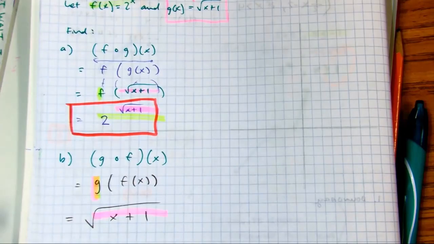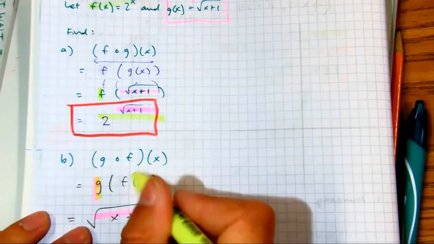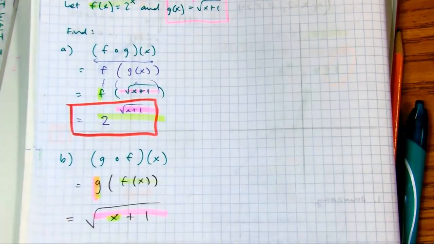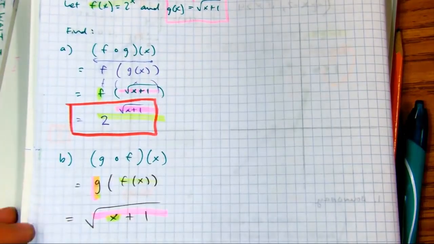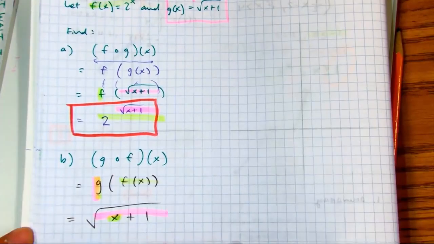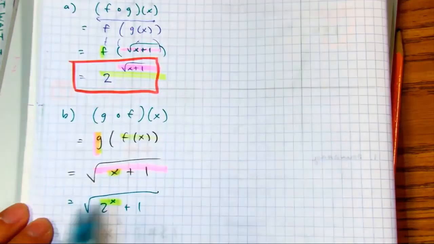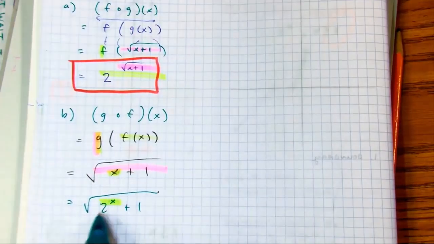But boys, instead of writing the x here, what are we going to write there? We're going to write 2 to the x power. But don't forget, you still have that plus 1. So your answer is the square root of 2 to the x power plus 1.